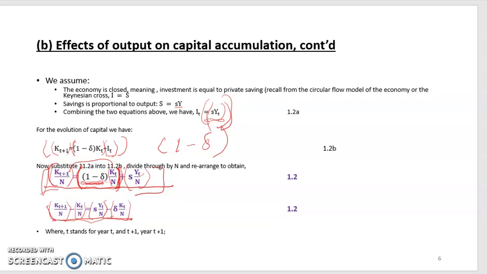How we got to this expression is simply working out this portion of the term here. This times that is going to give us the K over K, capital per worker, that came out to the left, and this one that remains is going to come from this part times that. Okay, so this new expression is quite straightforward.